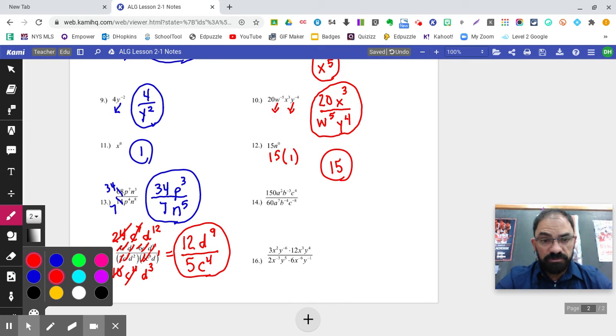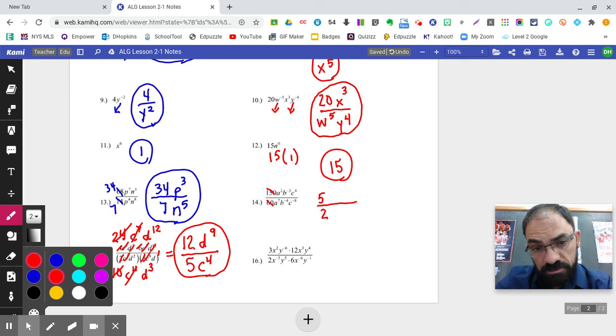Okay, let's subtract some more. 150 divided by 60. That does not go in evenly. Is 2.5. If I turn that into a fraction, I get 5 over 2. So that reduces to 5 over 2.